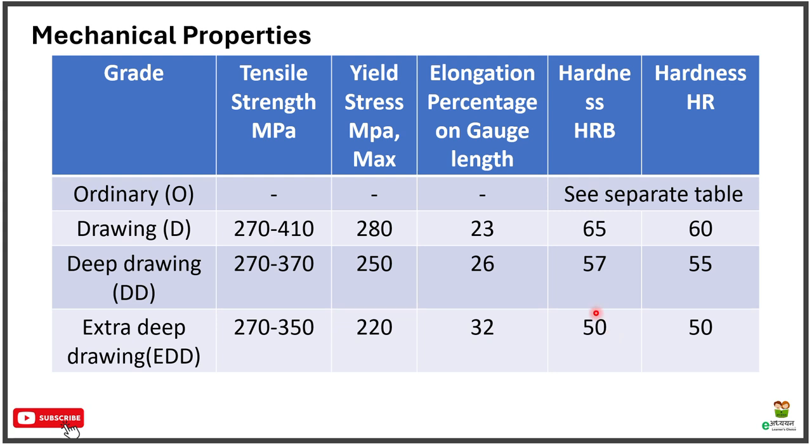Similarly, hardness is reduced as it allows drawing of the metal. So hardness is reduced to 57 HRB and 55 HRB for DD, and here it is 54 for EDD.